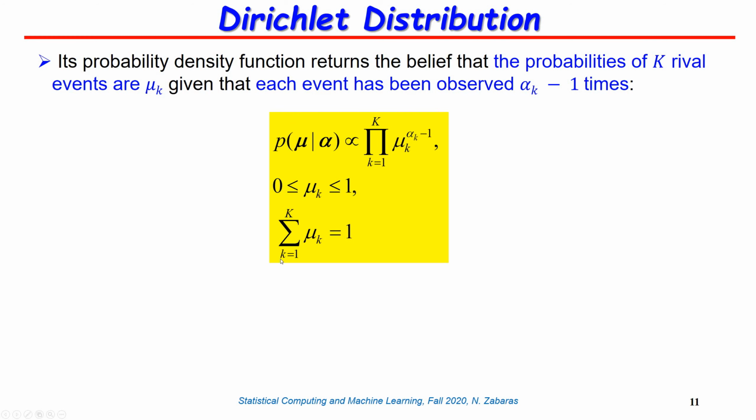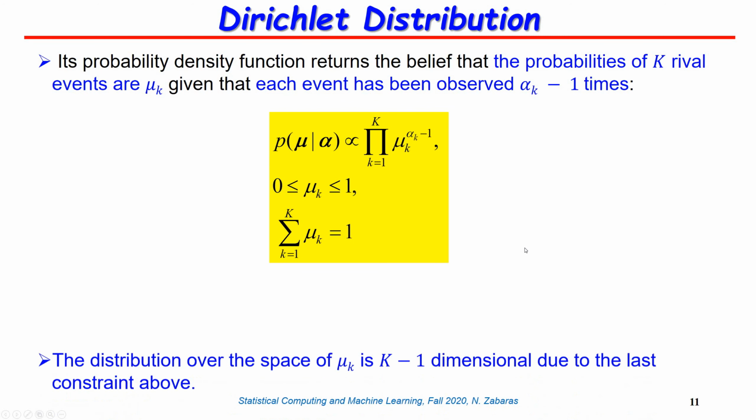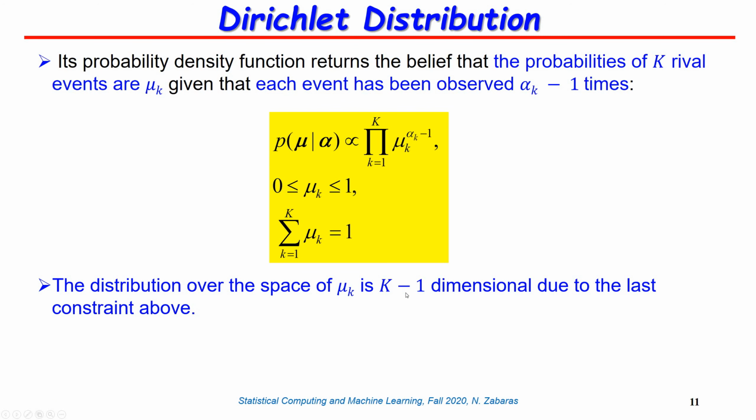Notice, because we have this constraint, even though this appears to be a capital K dimensional distribution, in reality the number of independent variables is K minus 1. Because of this constraint, the distribution is defined in the K minus 1 dimensional space rather than in the capital K space.